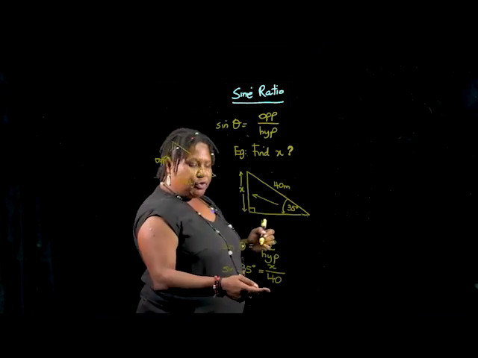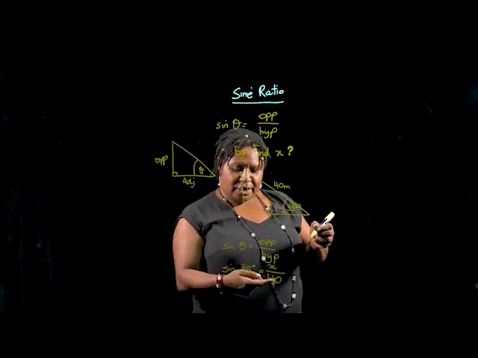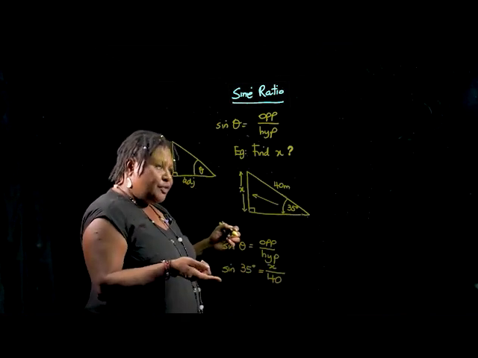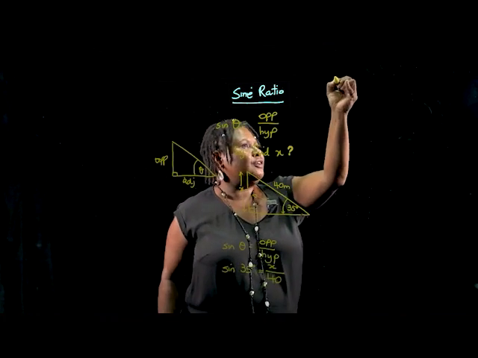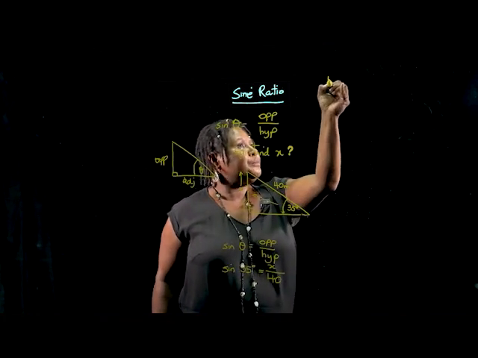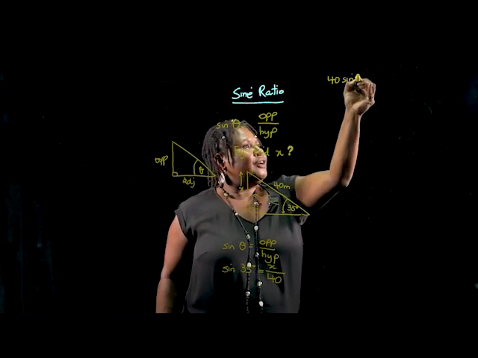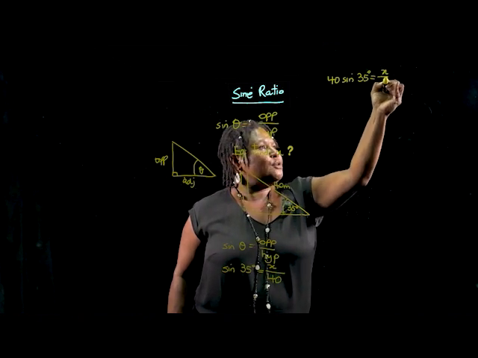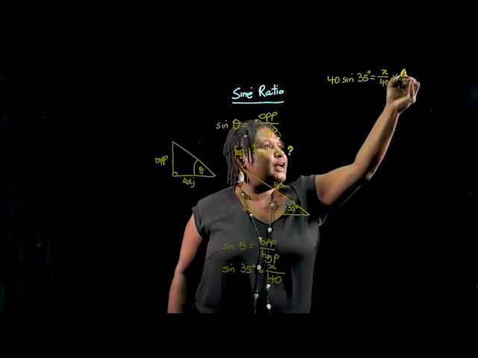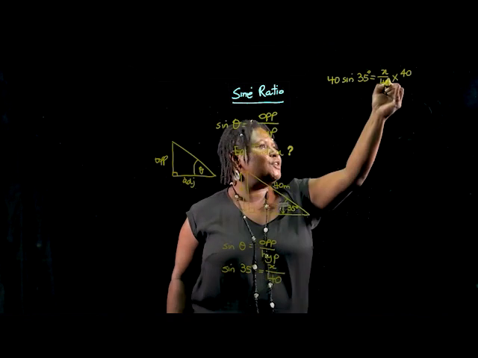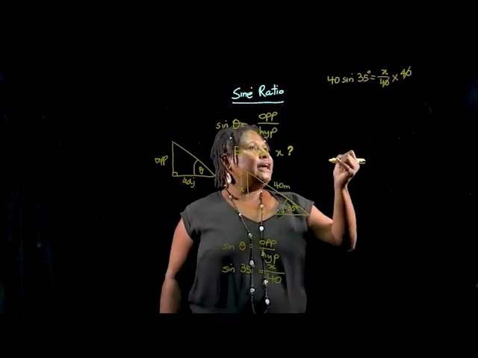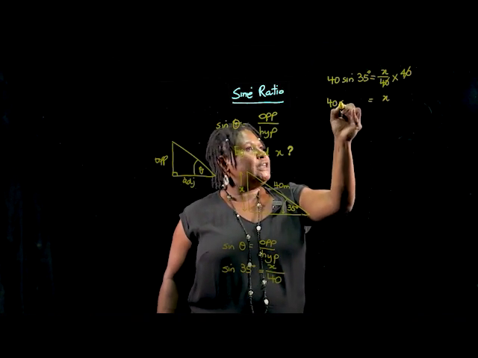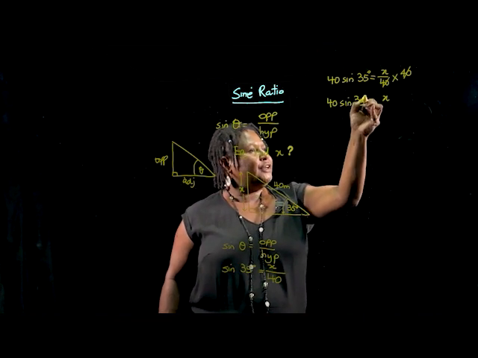Now we are going to approach this like we are solving an equation, so we need to take 40 across to this side by multiplication. All right, so 40 sine 35 degrees is equal to x over 40 multiplied by 40. So this is going to cancel out, and you are left with x equal to 40 sine 35 degrees.